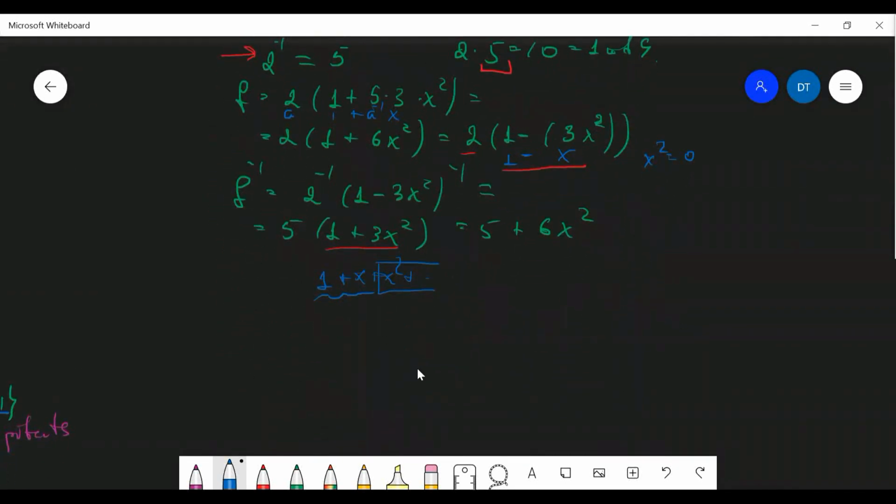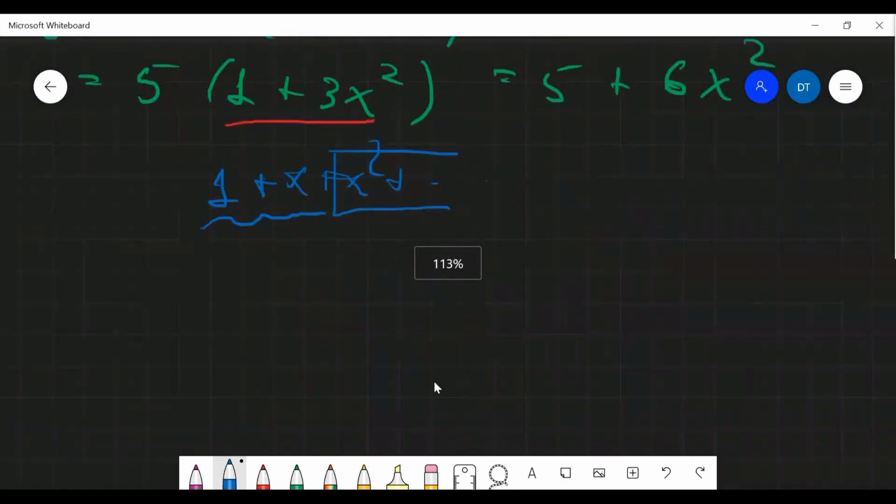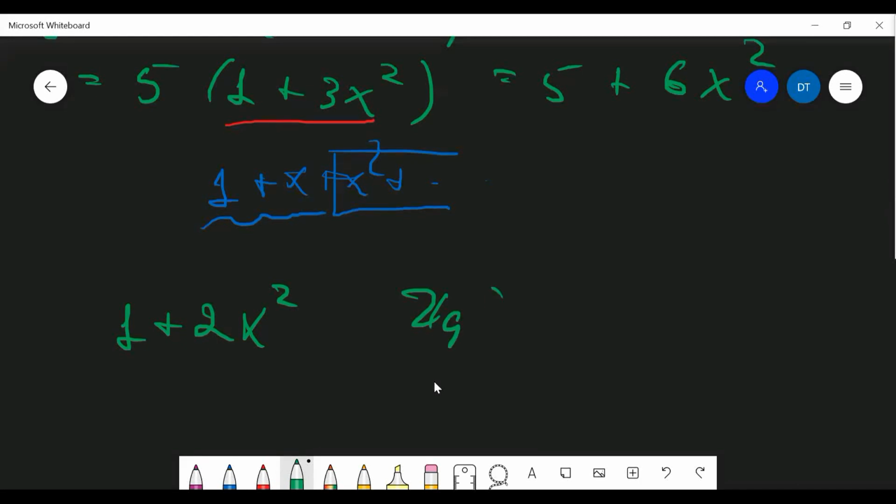Okay, let's try another problem. What if I take 1 plus 2x squared in Z9 of x? Is this invertible? Let's call it g.